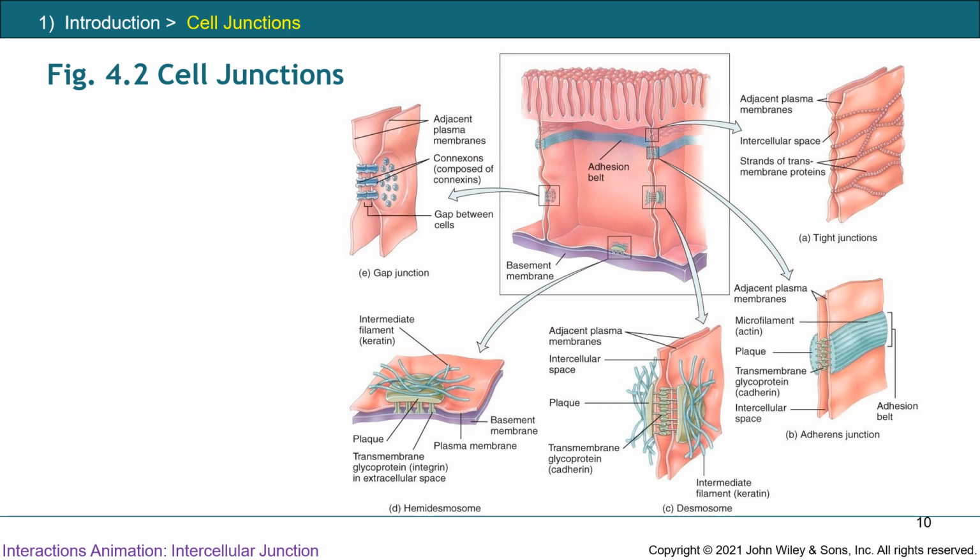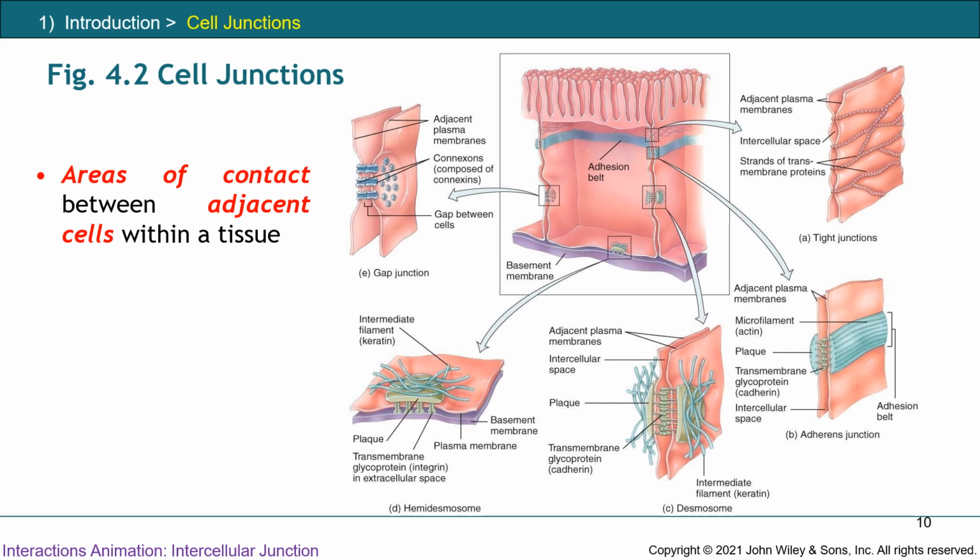I just want to remind you, for example, for the test, that junctions are areas of contact between adjacent cells. So here you can see these adjacent cells that are in contact, and you can also have hemidesmosomes below, which are also important, that are in contact with the basement membrane.